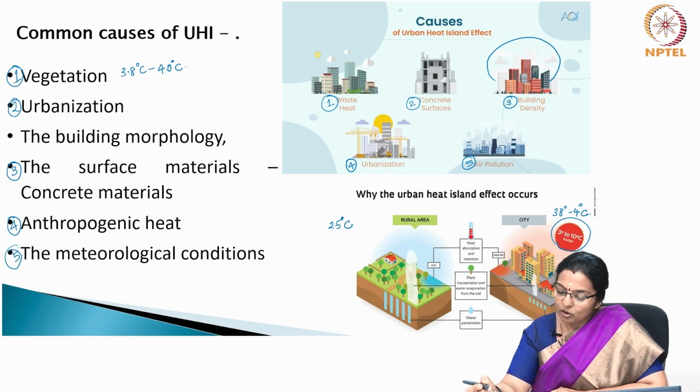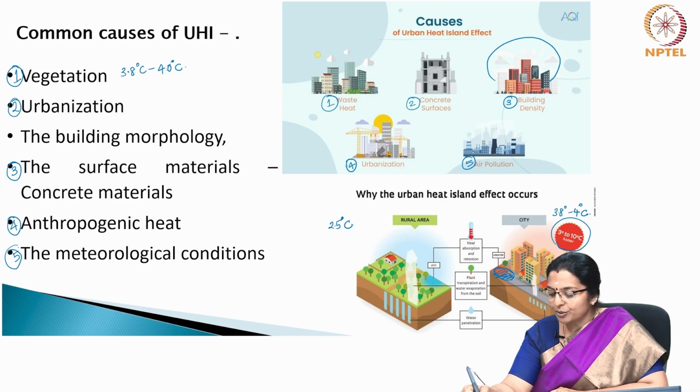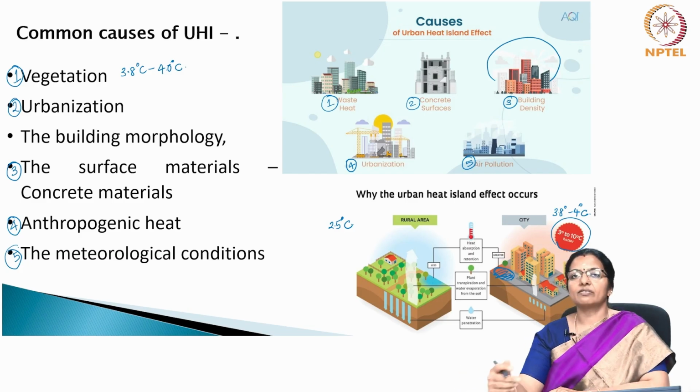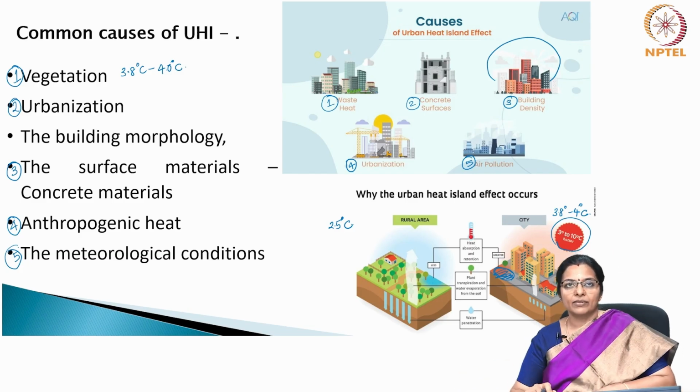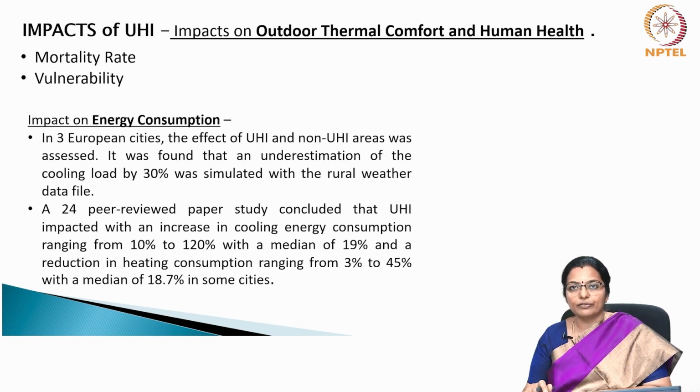It occurs because of heat absorption and retention by the surface, which does not have enough blue and green infrastructure. Plant transpiration and water evaporation from the soil are completely absent due to lack of vegetation, and water penetration is very less in cities. So, these are the causes of urban heat island.